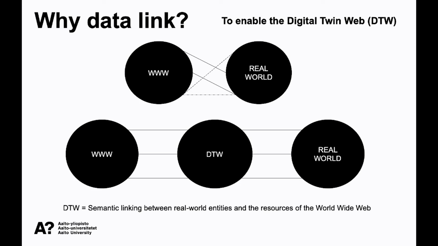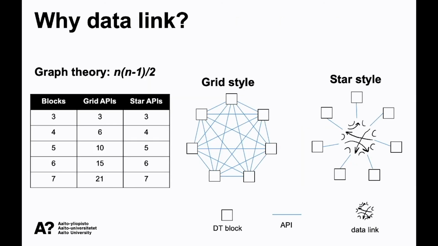What's the magic? The magic happens in the digital twin web. There we have this kind of mess we have here in the data link. And basically, I have written it here.